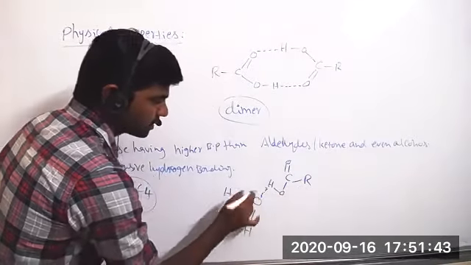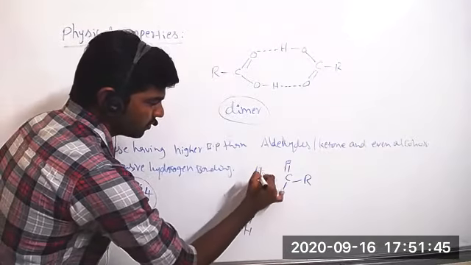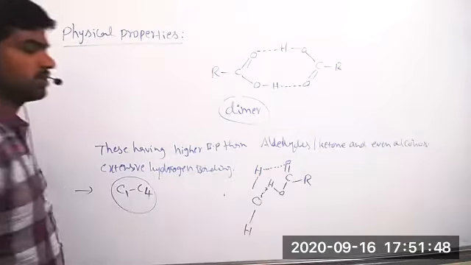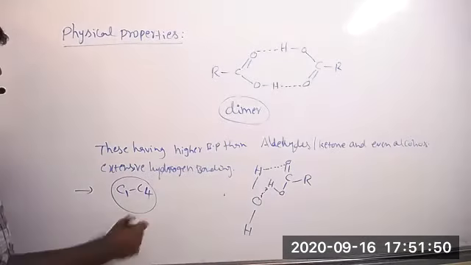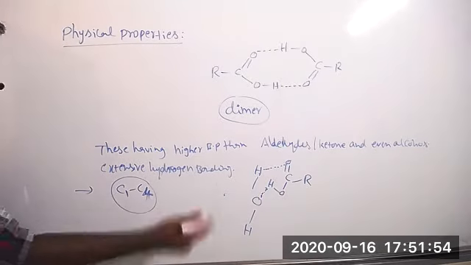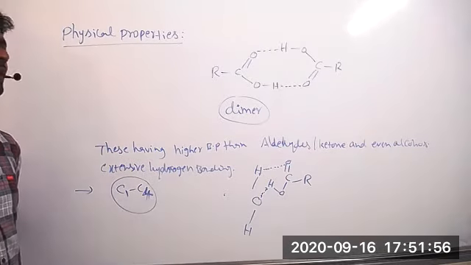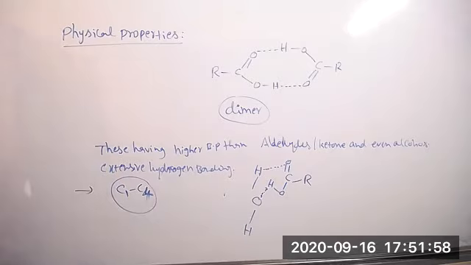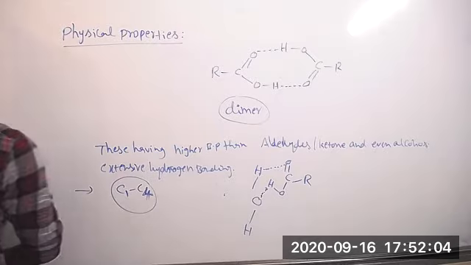Here hydrogen bonds exist. Because of hydrogen bonding, carboxylic acid is soluble in water, but only up to C4. If the number of carbon atoms increases, solubility decreases. And these carboxylic acids are easily soluble in organic solvents. Okay, that's all about physical properties.